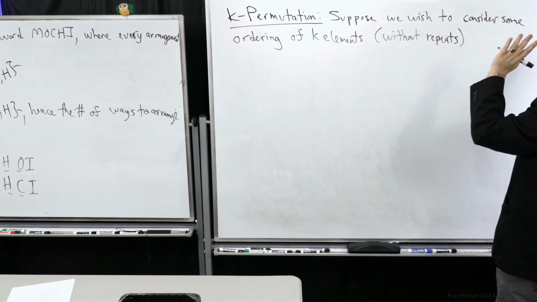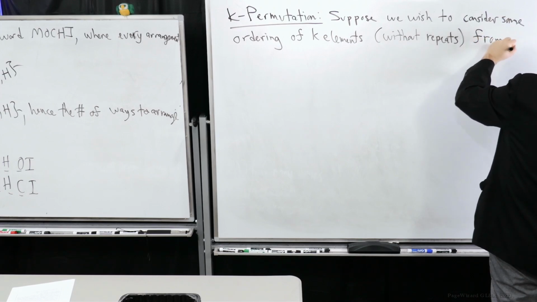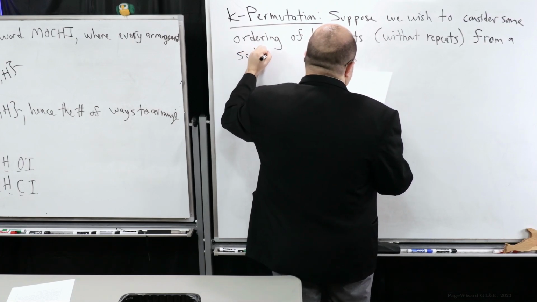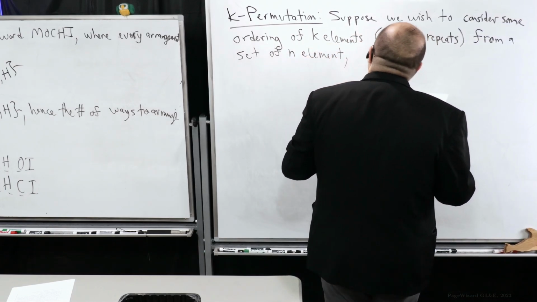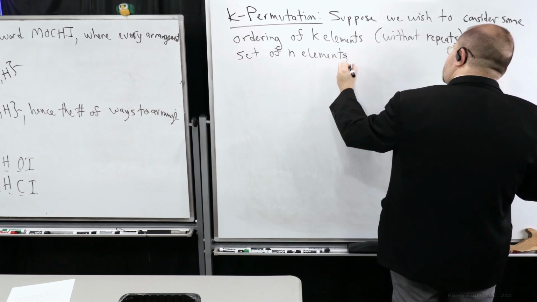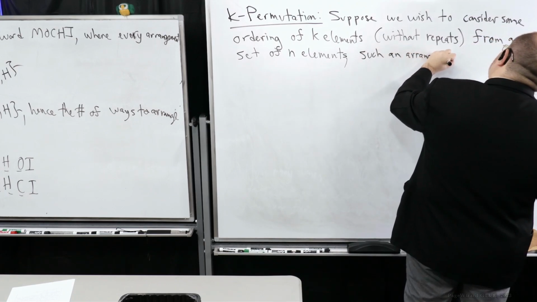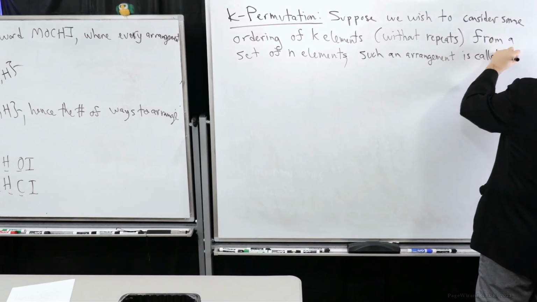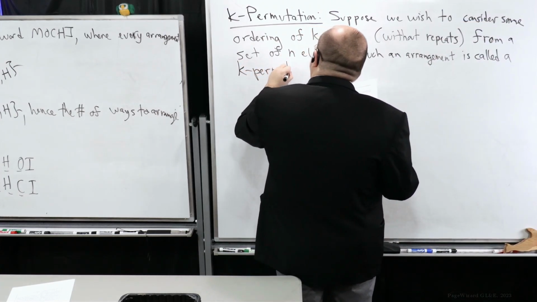We've previously seen what we could do with repeats when we talked about the multiplication principle. From a set of n elements, such an arrangement is called a k-permutation. Specifically, it's a k-permutation of that set.